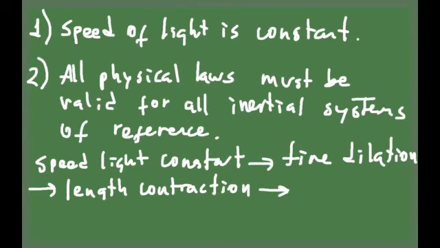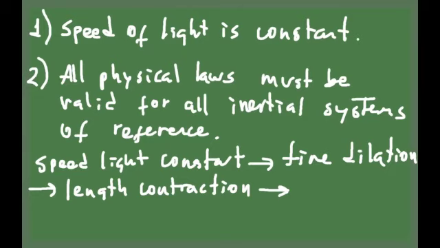What I'm talking about is a modification of the Galilean transformation of velocities that takes into account the relativistic effects of time dilation and length contraction. Einstein showed what equation you should use to transfer the velocity from one system of reference to another, and let me write it here.